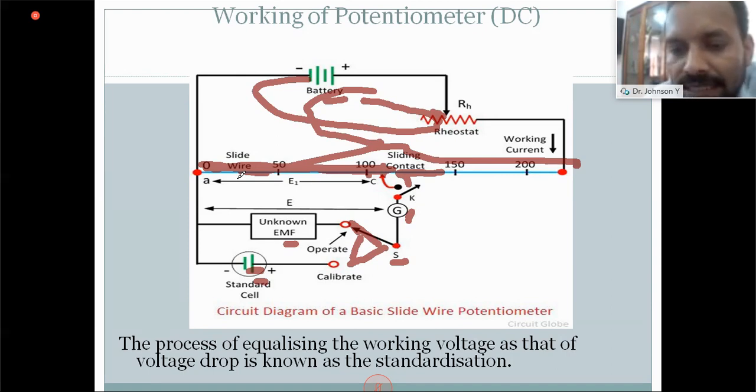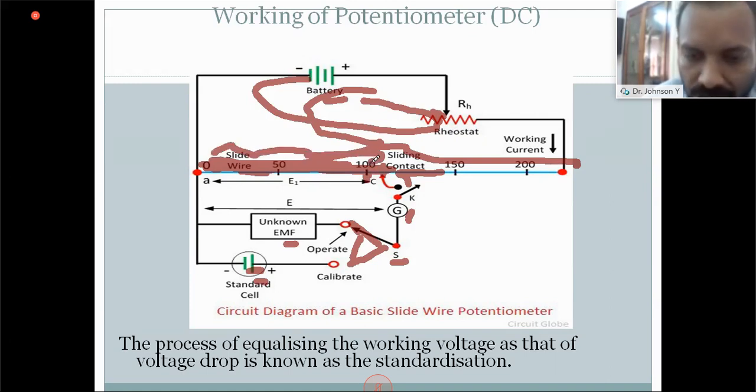That means if this key is moving through the slide wire in the calibrate position, and when it reaches 100, the corresponding voltage drop across up to this 100 position is equal to the current through the slide wire times the resistance in ohms.